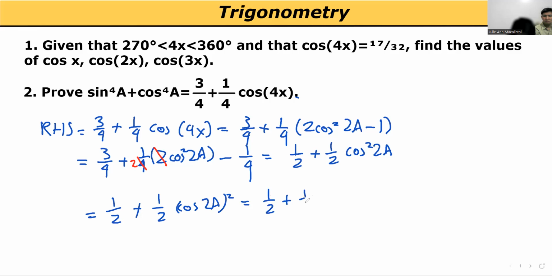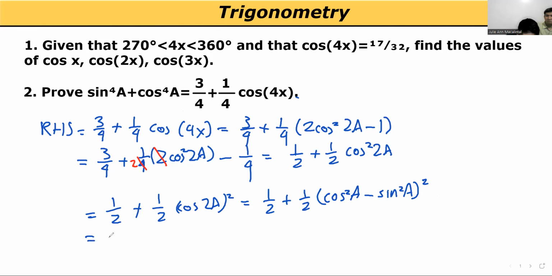We will use the cosine and sine because we want to achieve both sine and cosine on the left hand side. The appropriate formula for cos 2a will be cos squared a minus sine squared a. And then this will be squared.